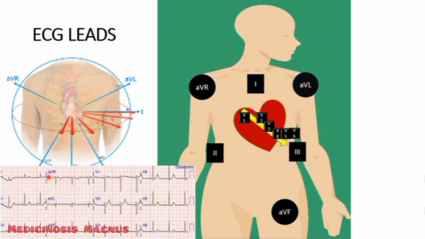If in AVR the waves are pointing downwards with normal rhythm, that is normal. AVF and lead 3 are all in the direction of the current, so these are pointed upwards, which is normal. That is why some of the leads point downwards: they are placed in the opposite direction of the passage of current.